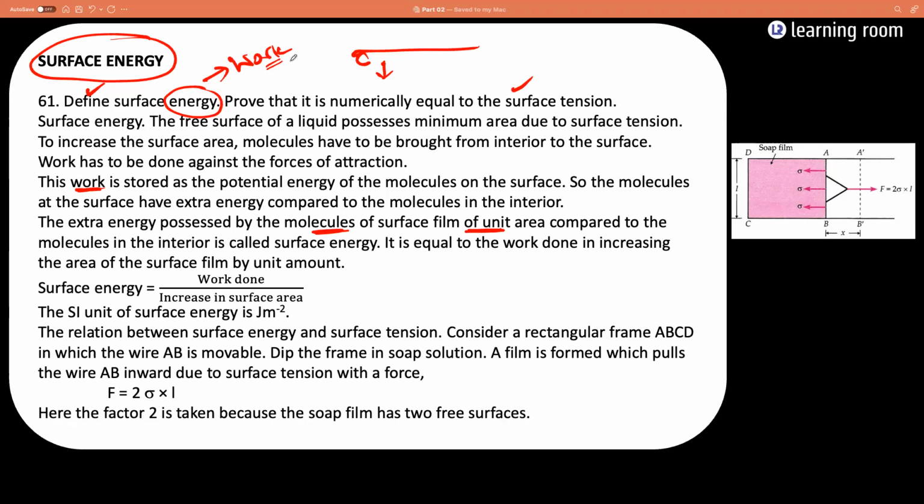That extra energy possessed by the molecules of the surface film of unit area, compared to the molecules in the interior, is called surface energy, and it is equal to the work done in increasing the area of the film by unit amount. This is what you need to write in the exam.